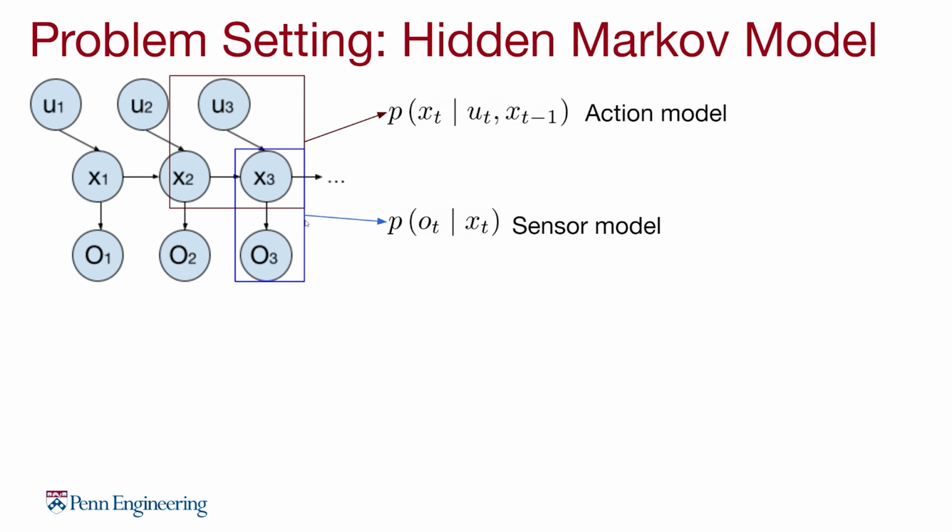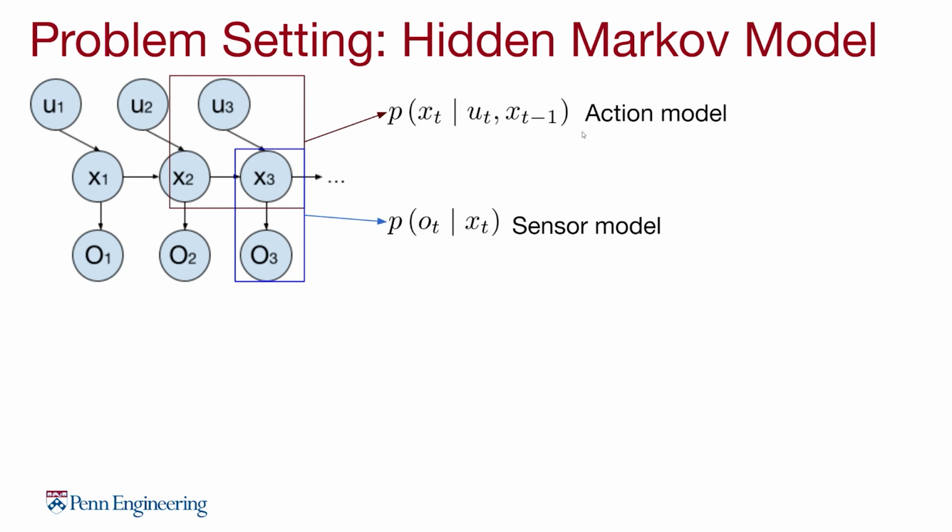For these dynamic systems, which are time varying, we can use a hidden Markov model to describe them. We have a series of states, which is the X, and we have the control input, which will influence the state, and we have the observation, which will be influenced by the state.